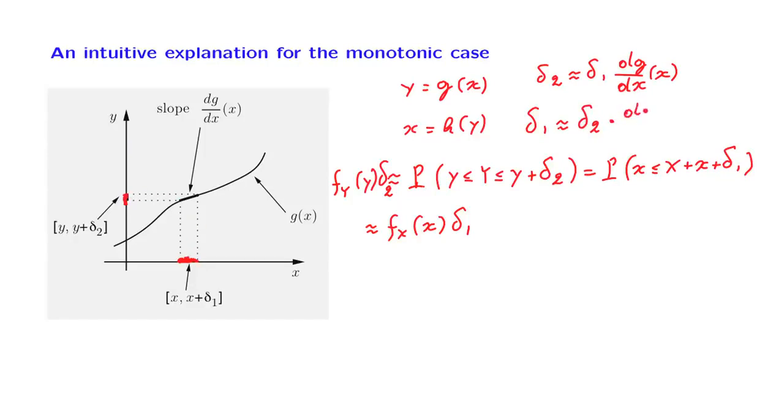And this function is the inverse function. So this is the relation that we're going to use. And so we replace delta 1 by this expression that we have here in terms of delta 2.